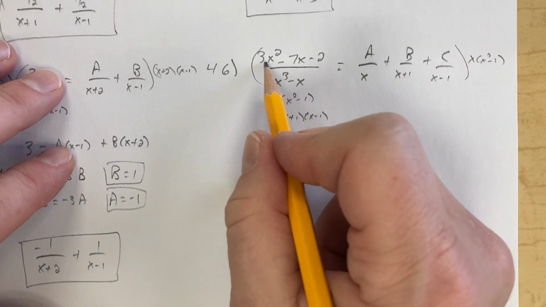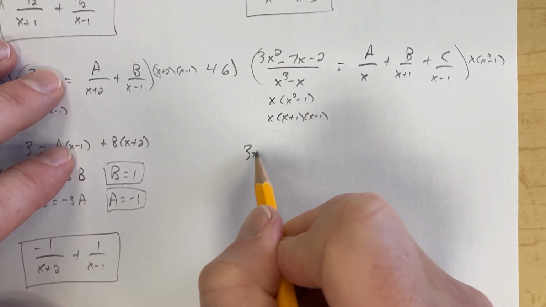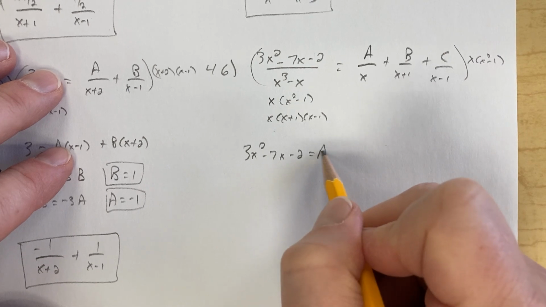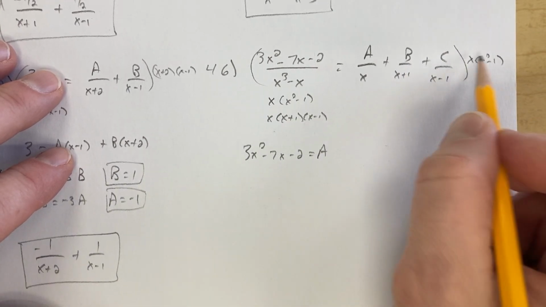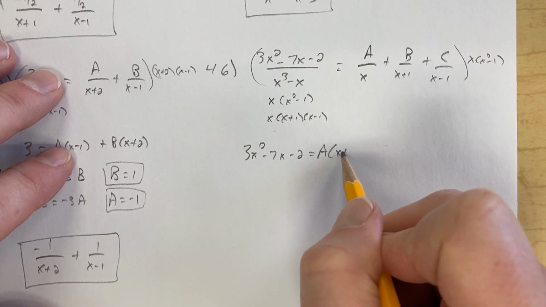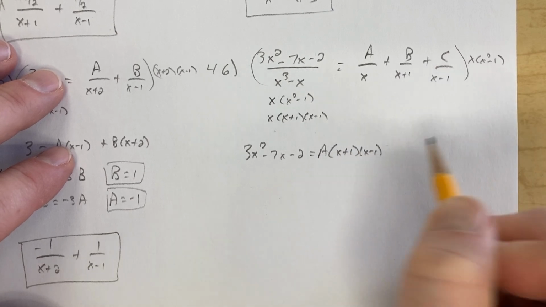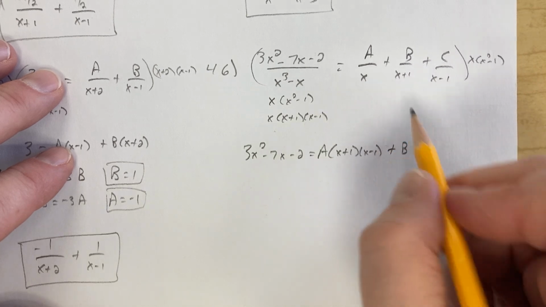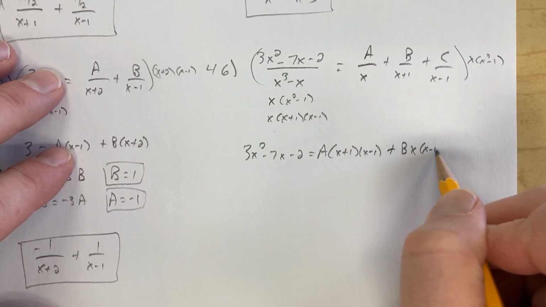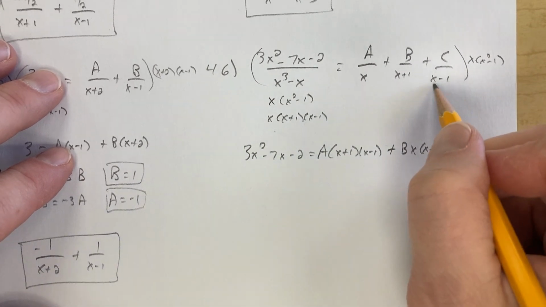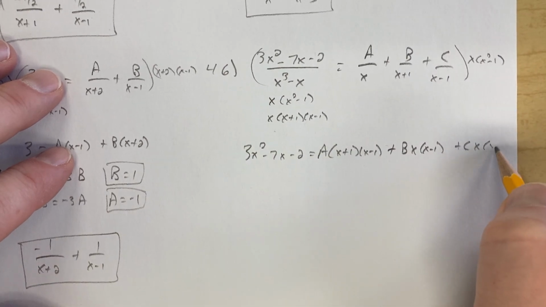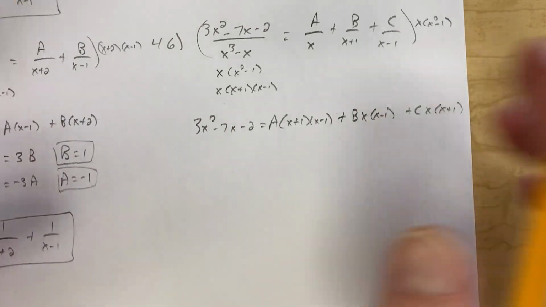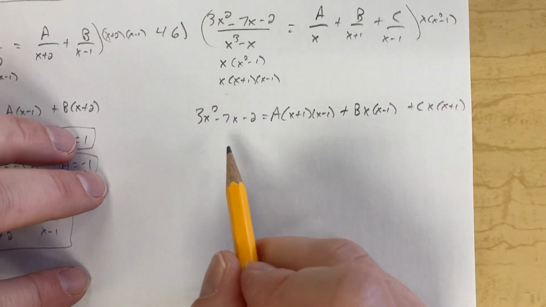What that's going to do is it's going to give us the top here, 3x squared minus 7x minus 2 equals a. Now the x will cancel, but not the x plus 1 and not the x minus 1. Those will stay. For the b, the x plus 1 will cancel, but not the x or the x minus 1. And for the c, the x minus 1 cancels, but not the x or the x plus 1. All right? So this is what we get when we multiply it by that common denominator.